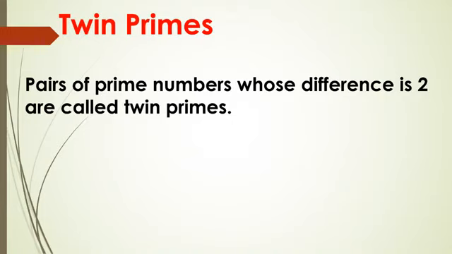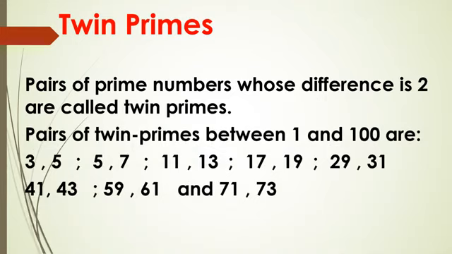Suppose we have two prime numbers and their difference is 2. If we subtract them, our answer is 2. Then those two prime numbers are called twin prime numbers. We have done one question also.